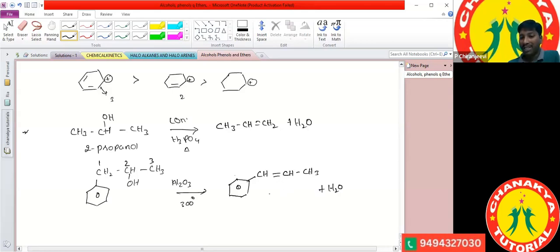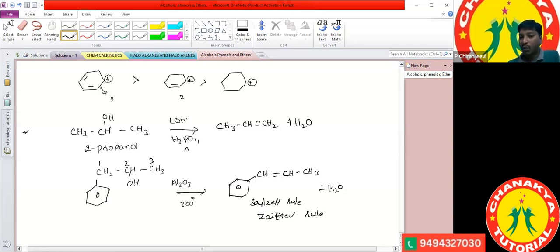And generally we call it the Saytzeff rule. It is not the Markovnikov rule. For addition reactions we follow the Markovnikov rule, and for this we call it the Saytzeff rule, also the Zaitsev rule.